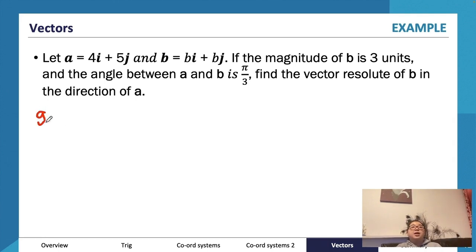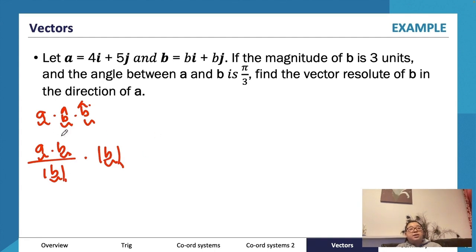We can use A dot unit vector B, times unit vector B, right? That's one way to do it. Or alternatively, you can do A dot B over B dot B, times B. That's another way you can represent that same, or a parallel, vector.